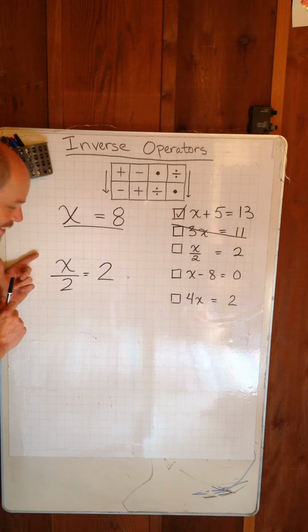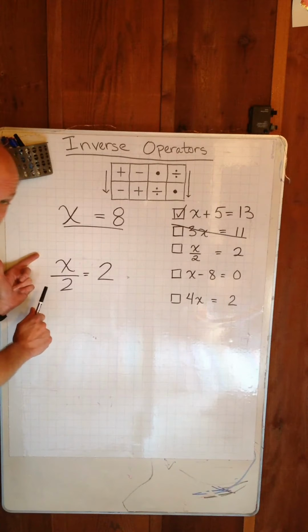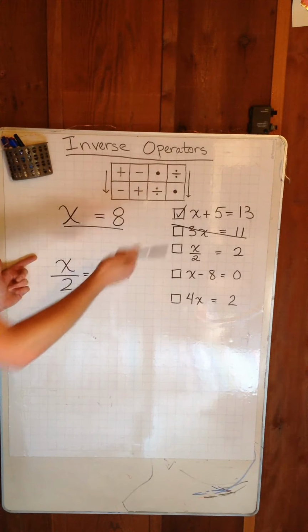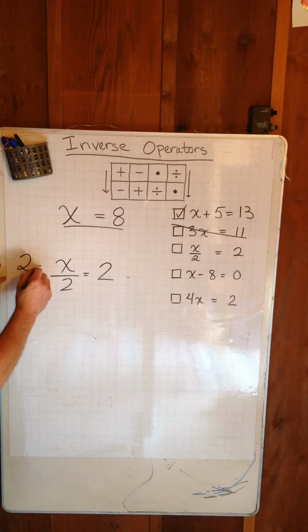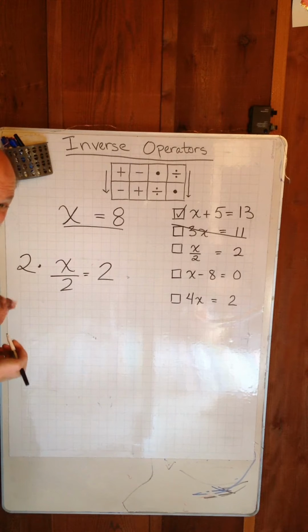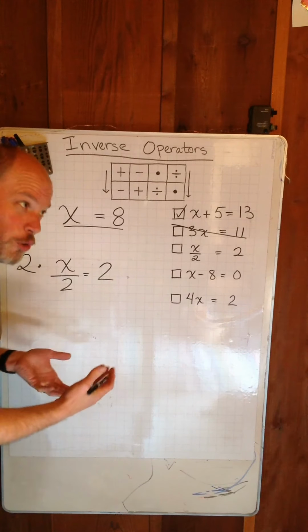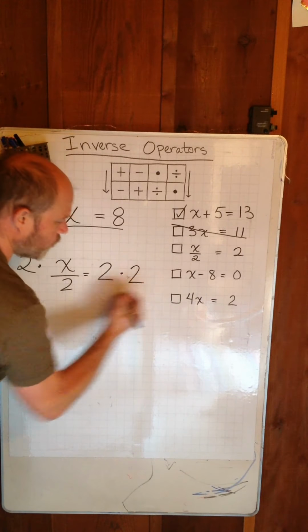Are you back yet? X divided by 2, if I want to undo divide by 2, I need to multiply. You guessed it, multiply by 2. That's 2 times x divided by 2. But if I do something to one side, I have to do it to the other. And so, times 2.